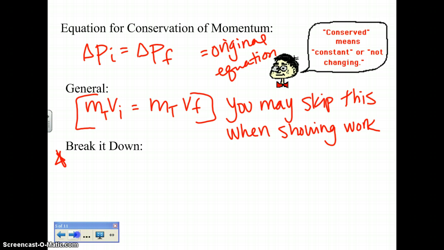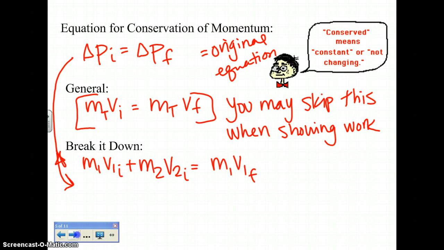You can skip the M total VI part. Break this down to right here. This is what I should see as the second line in your work. So this would be M1V1I plus M2V2I equals M1V1F plus M2V2F. Make sense? Okay, so this is totally cool, guys.